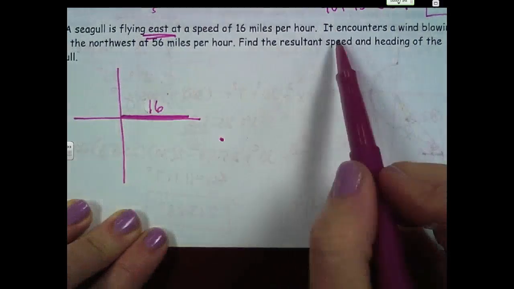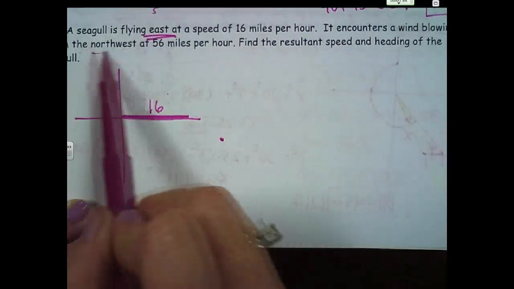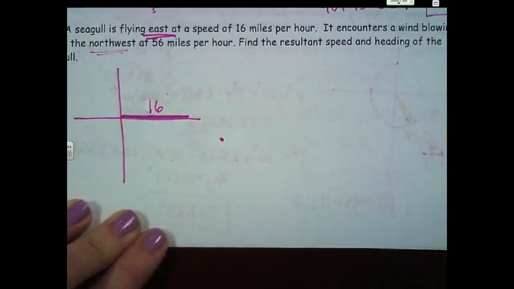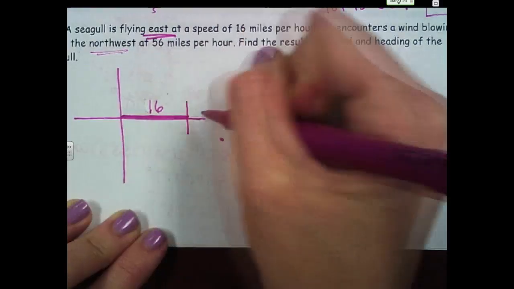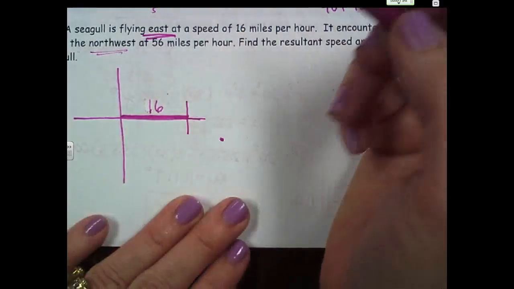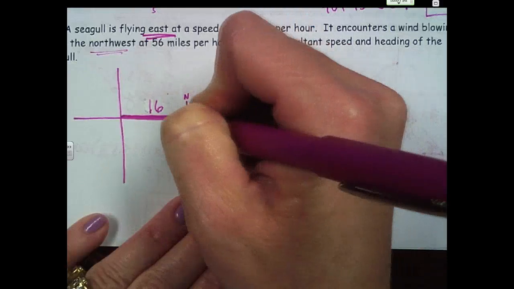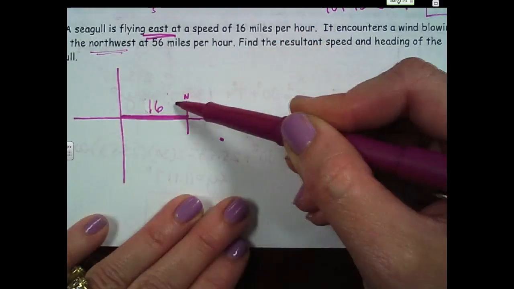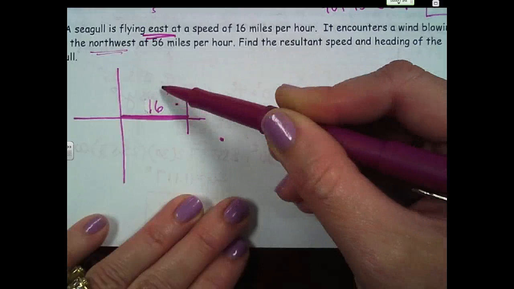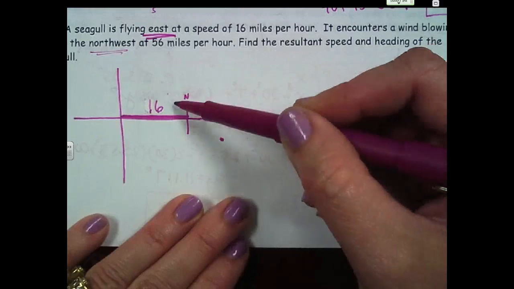Now that it encounters a wind blowing from the northwest at 56. So here's your new picture. And if I'm going to go from the northwest, now look at this for a second. This is north and this side's west. So I'm going from this dot right here. This is northwest. I'm not going towards the northwest, I'm going from it. So I'm kind of blowing this way.